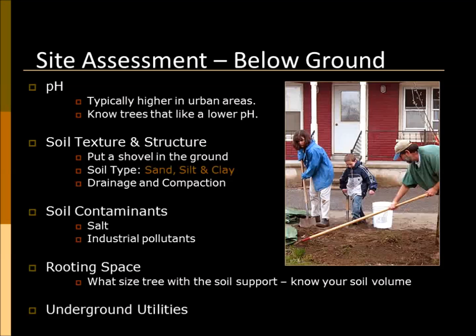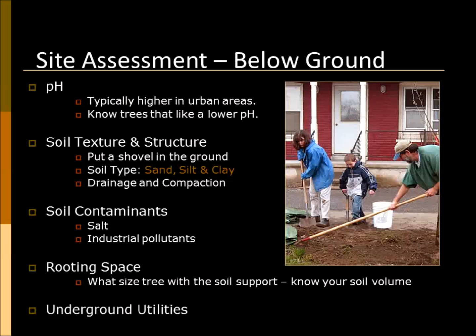One of the reasons for that, if you're in the greenbelt area, between curb and sidewalk, the concrete has a higher pH, and that will leach into the soils somewhat and cause a change in the soil pH. So that's why I say know your trees that like the higher and the lower pH. And typically, when you're selecting trees for your communities where you're planting them in the green belts or in a tree pit scenario in a downtown, the trees you're choosing can handle a wide variation of that.